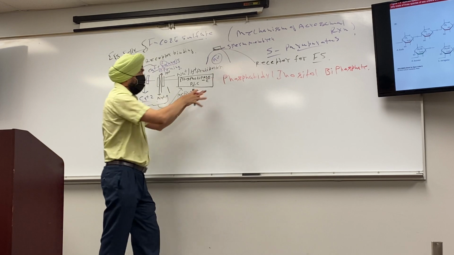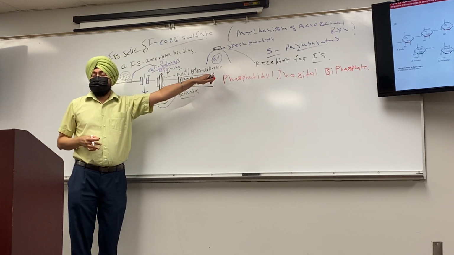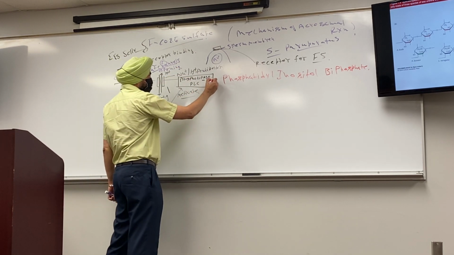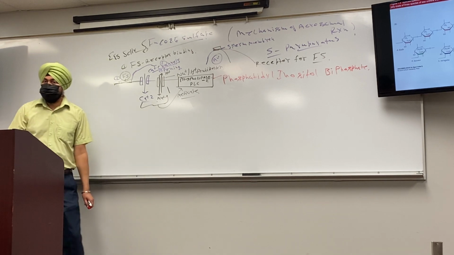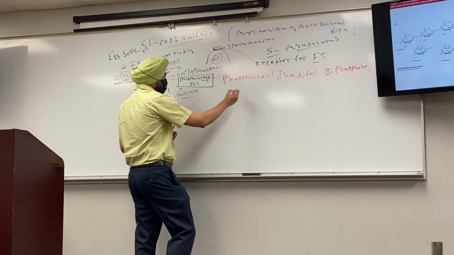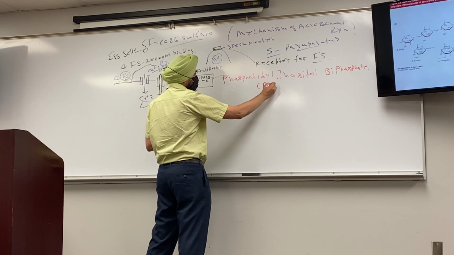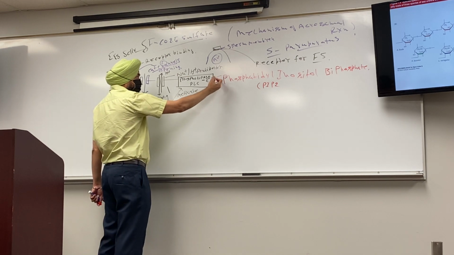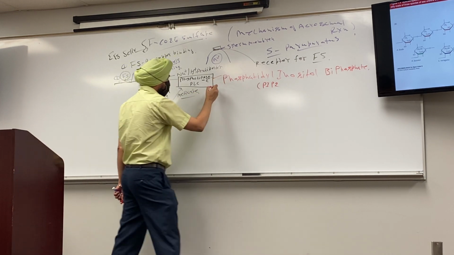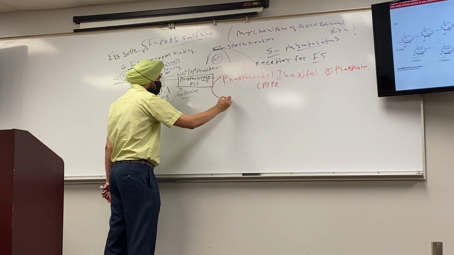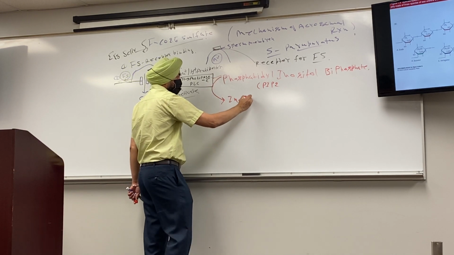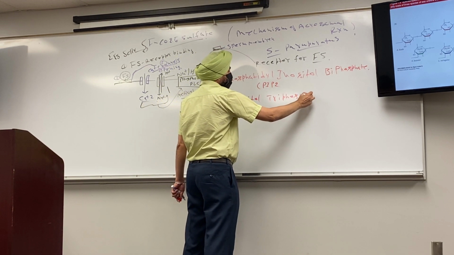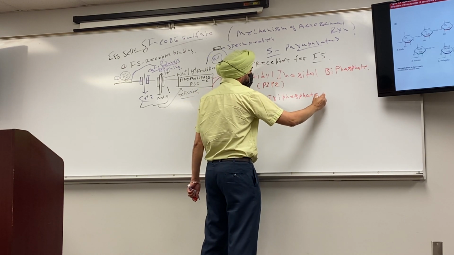So this is a phospholipid that is actually attached to the membrane, okay? This is also present in the membrane. And you can call it PIP2. And when this enzyme activates, it converts this phosphatidylinositol biphosphate to inositol triphosphate. This is called IP3.